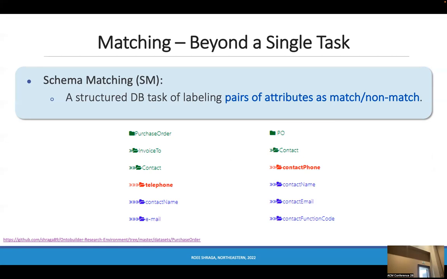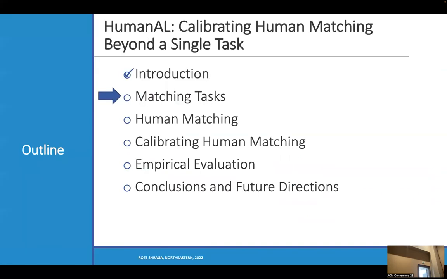When we talk about attributes, we usually think of more structured data, in the sense that, for example, here we have telephone, which is a sub-element of contact, which is a sub-element of invoice to, and so on. So we have more context, we have more hierarchy, and so on. But again, the main idea here is that all of these are matching tasks. We have two elements, and we need to say whether these two match or not.